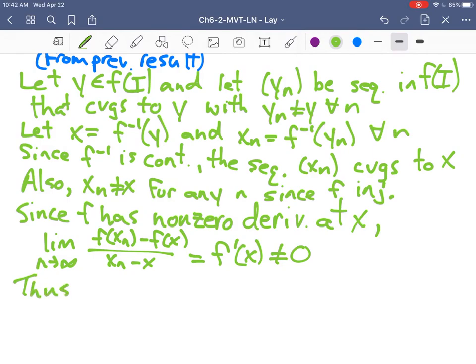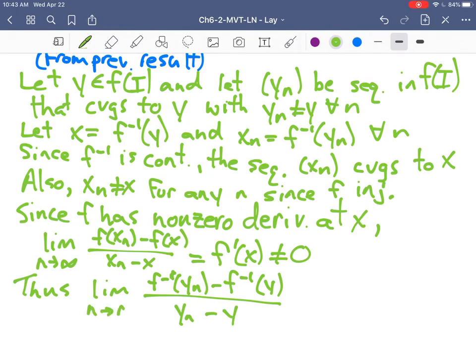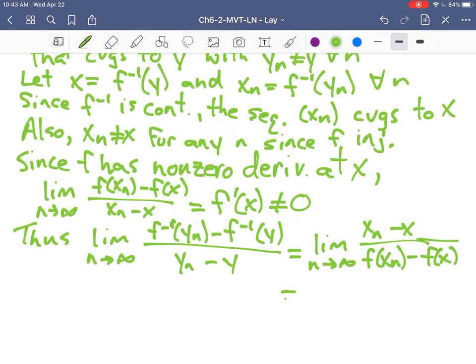Thus, the limit of f inverse of y sub n minus f inverse of y over y sub n minus y should be equal to this, which is simply 1 over f prime of x.